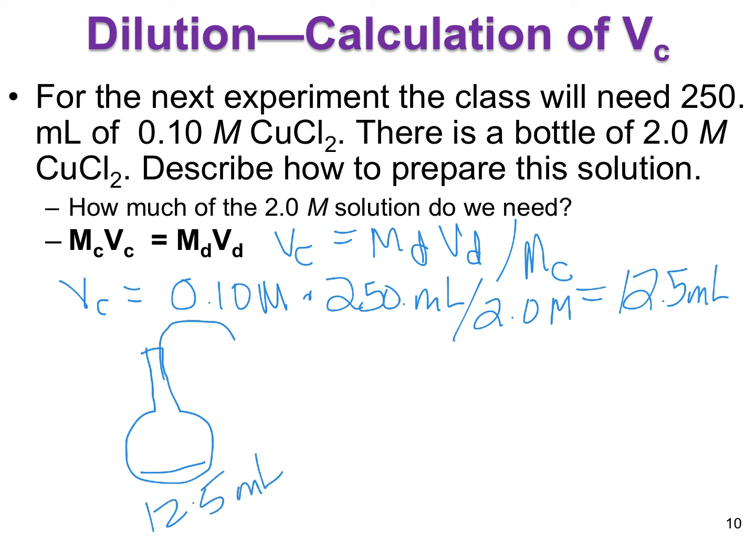Then add enough water to reach the calibration mark. Stopper the flask and mix. The resulting solution will be 0.10 molar.